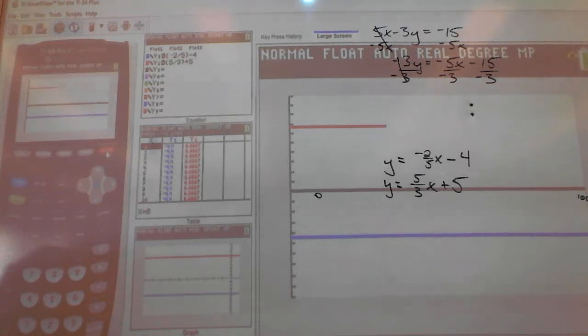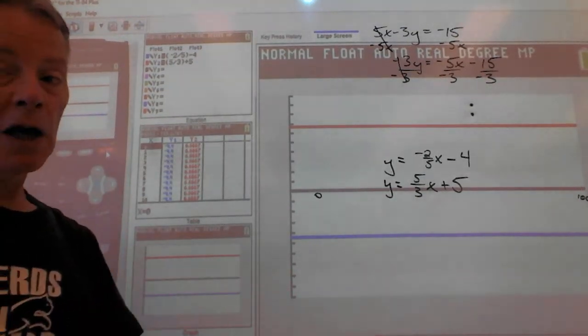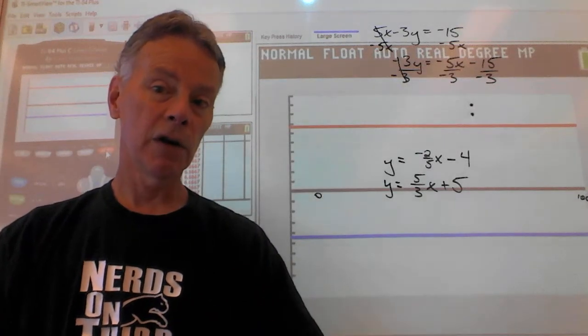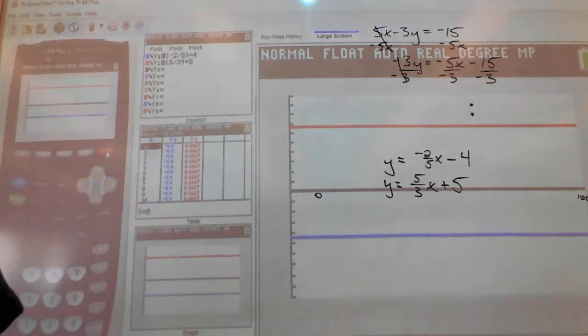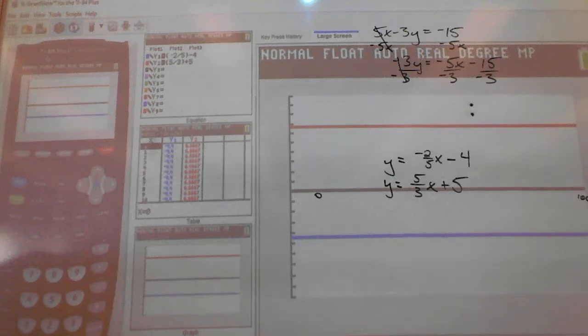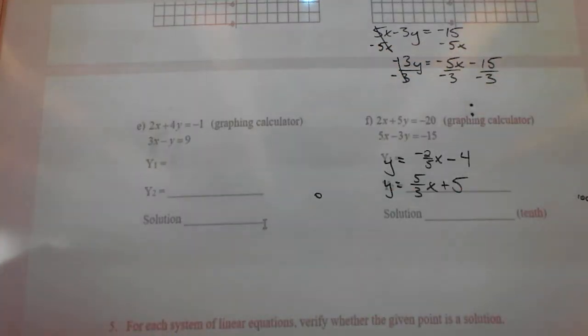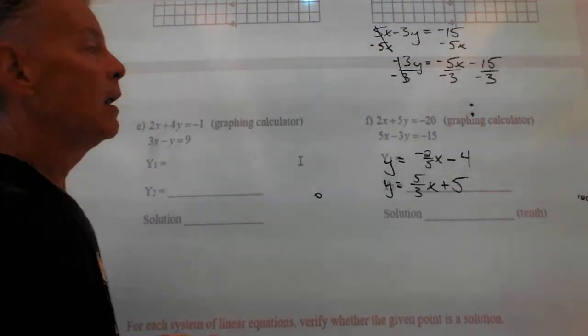So it's at this point where you might want to ask yourself, have I made a mistake here? Now, I don't know. I may have made a mistake in rearranging the equations. I'm going to go back and check. Okay. So back to our original problem.